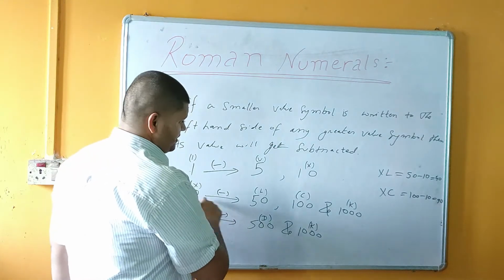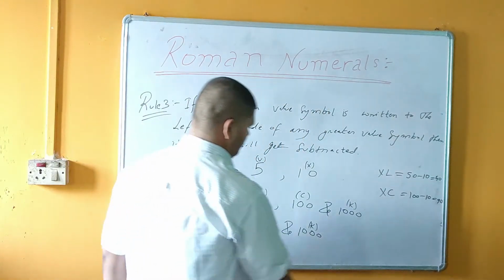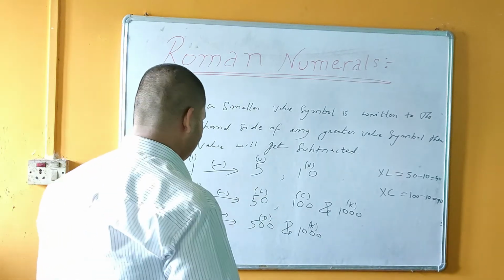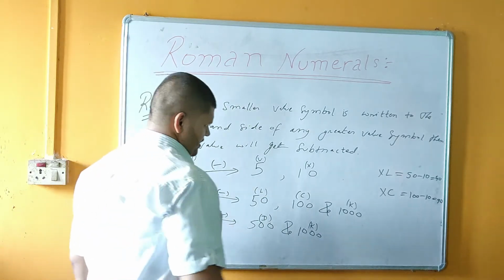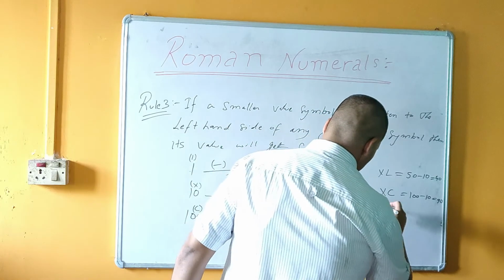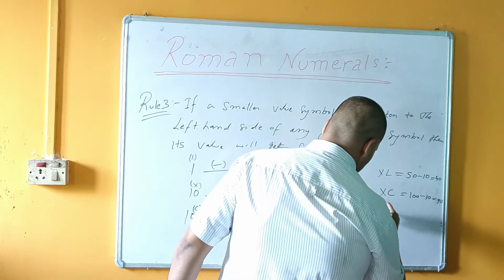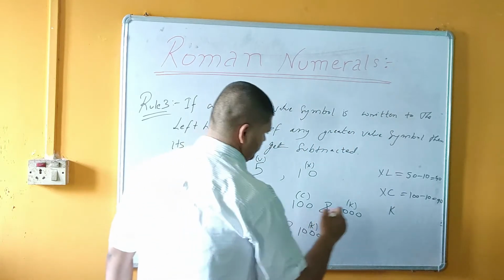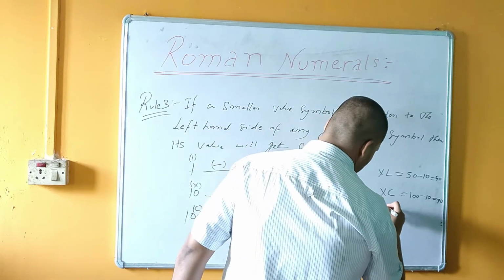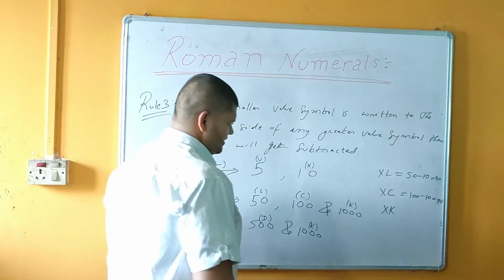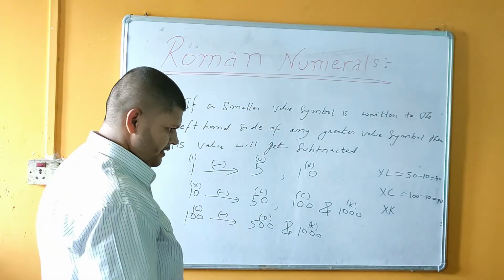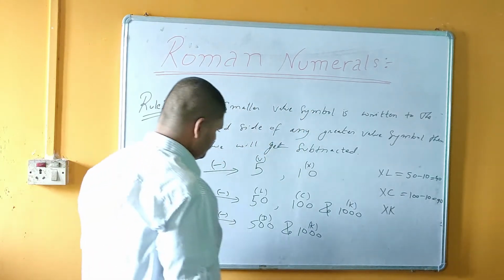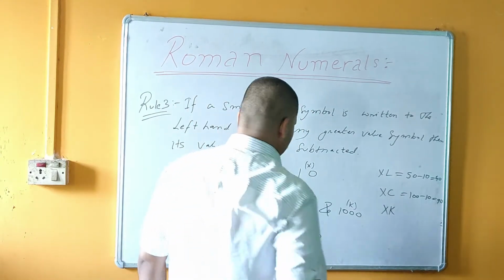Now this 10 can be subtracted from 1000. So we can subtract this, XM.